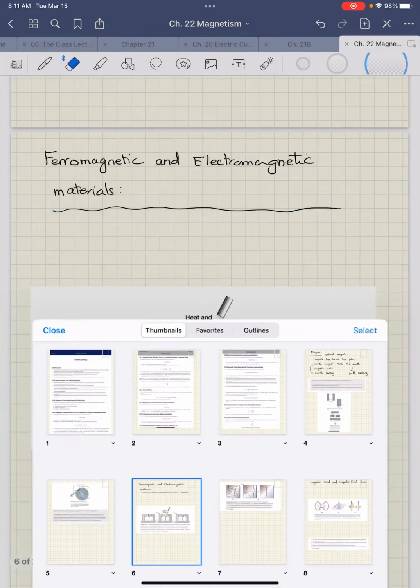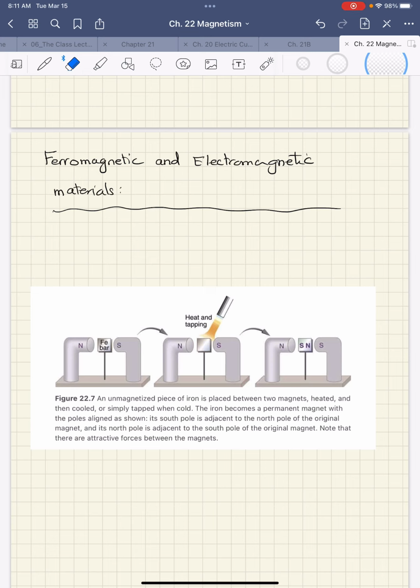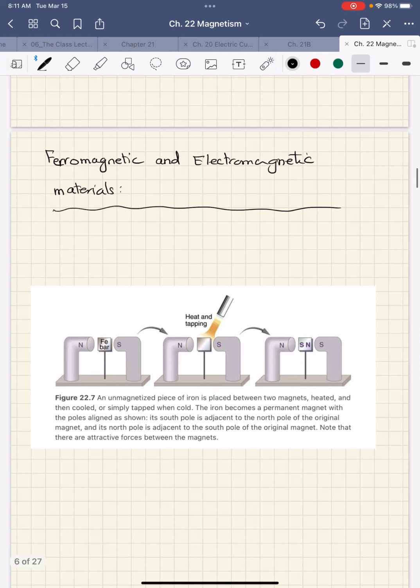We're going to classify materials into different categories, but I am very interested in one type of material, which we call ferromagnetic materials. Examples of these are iron, cobalt, nickel, and there are also many artificial materials that we can make in the lab.